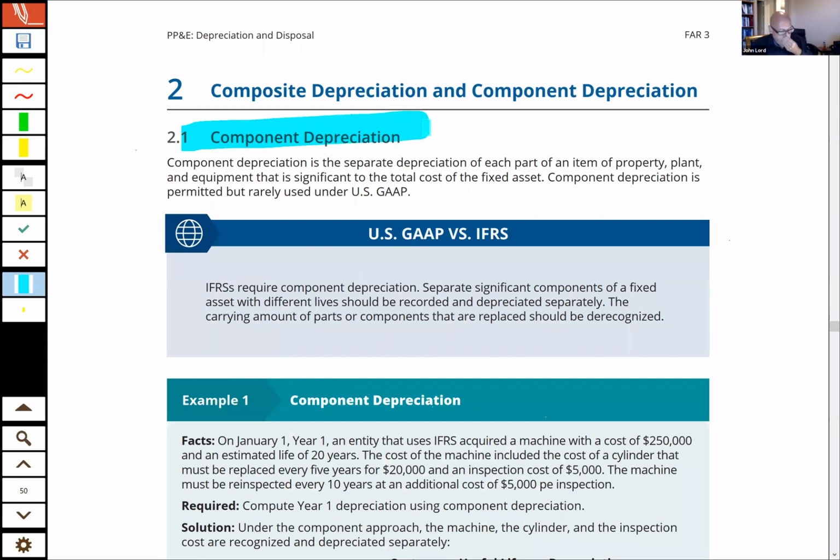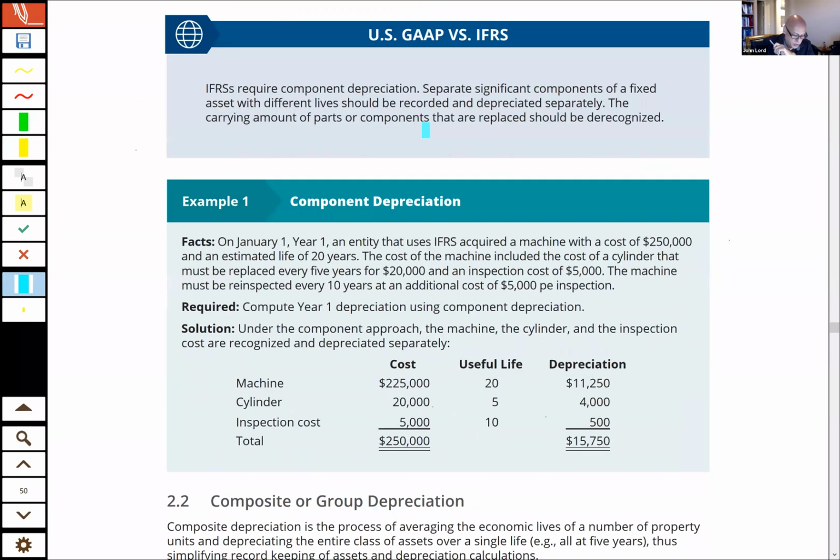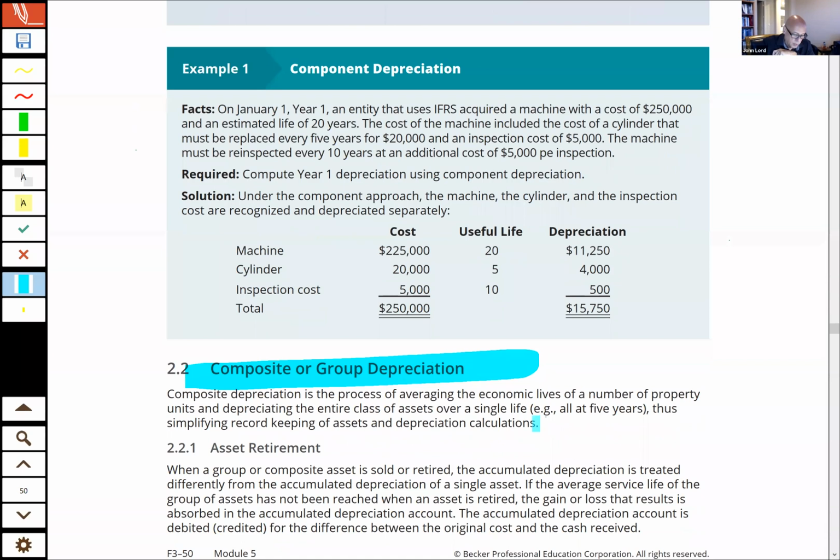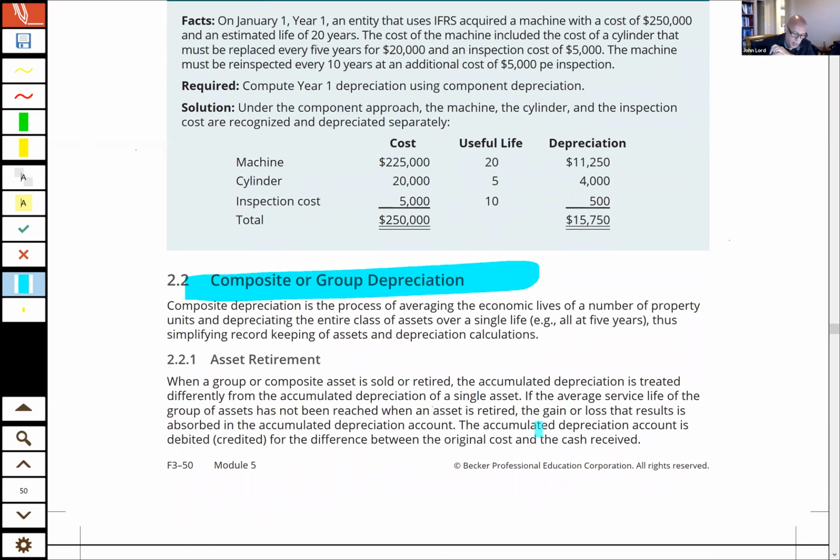But let's talk about component or composite depreciation, or group depreciation right here. Now, when you have asset retirement, when the asset is retired, the gain or loss that results is absorbed by the accumulated depreciation account.